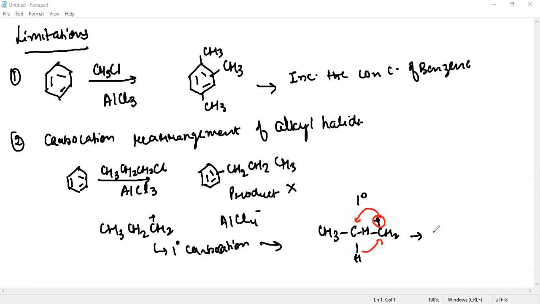So it will give you CH3, and this carbon bears the positive charge now and has CH, and then this is your CH2. So remember, this is your secondary carbocation, and you know this is possible because this is leading to extra stability, and whatever leads to extra stability is always welcome in the reactions.